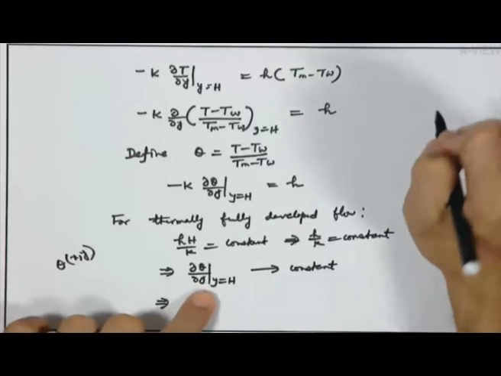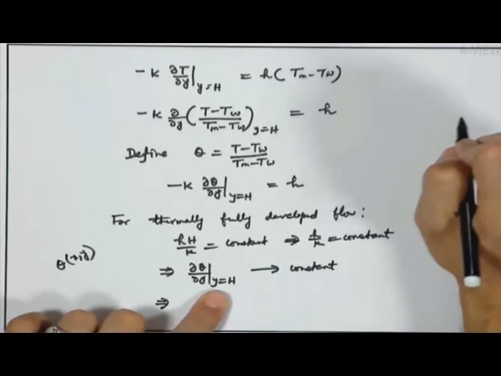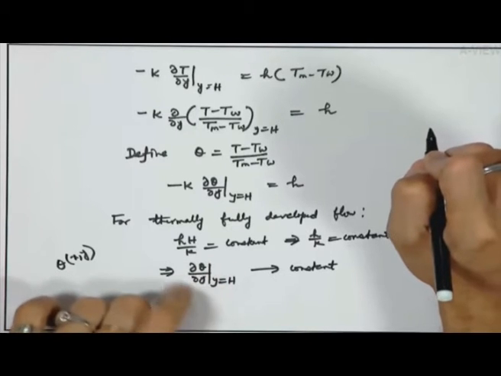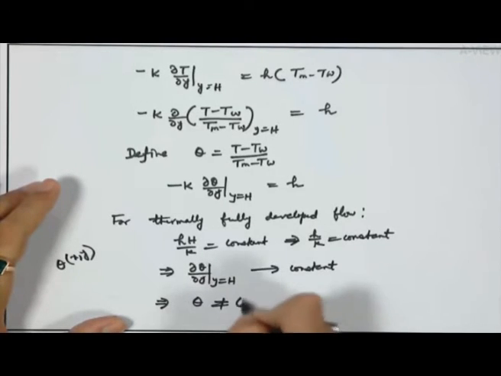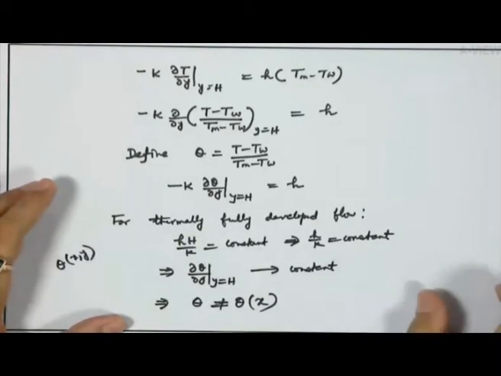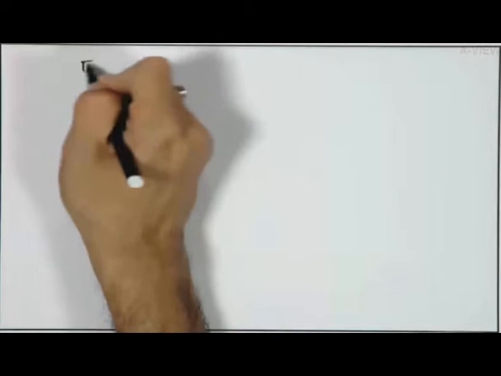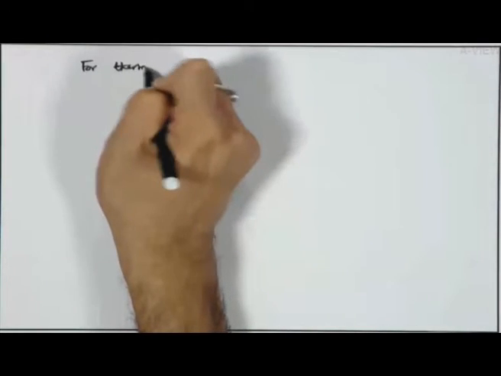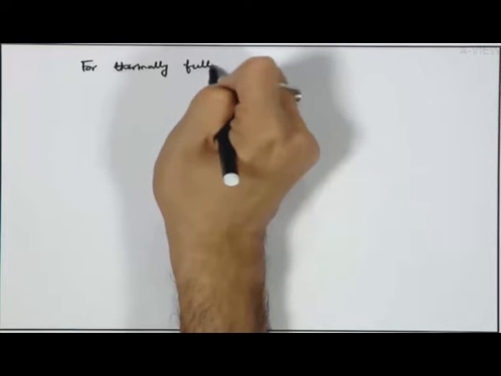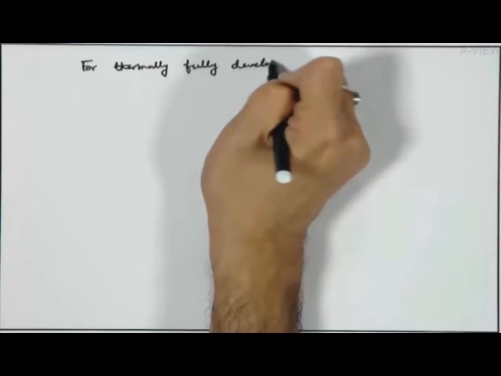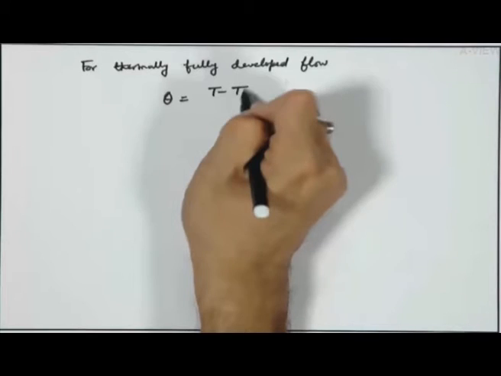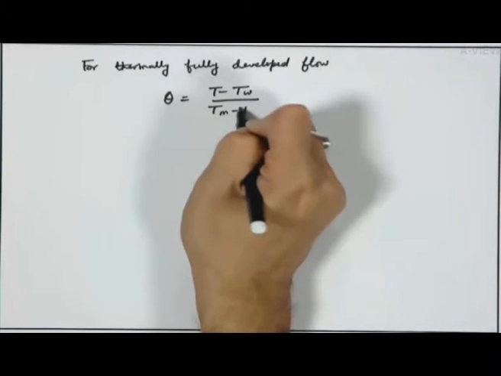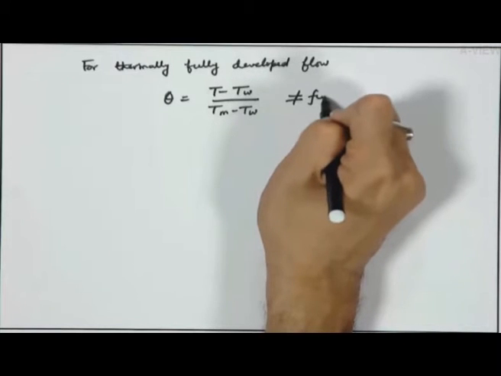You differentiate it with respect to y and put y equal to h, then it is no more a function of y, it is just a function of x, but that is a constant. That is possible only when theta is not a function of x. So, we can say that for thermally fully developed flow, theta is equal to T minus T wall by Tm minus T wall, this is not a function of x.